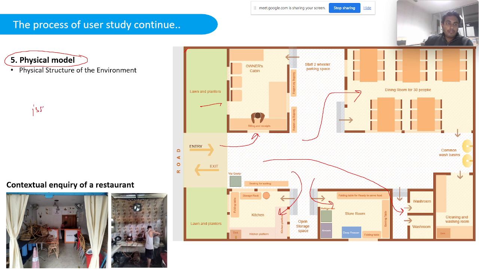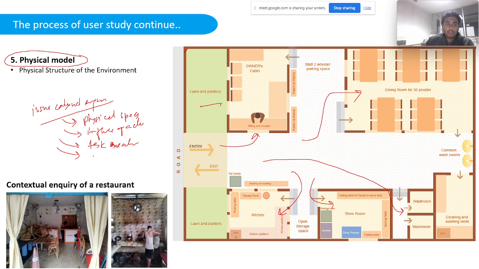Okay. So generally what happens in a contextual inquiry, you may come across different issues. Issues in a contextual inquiry can be related to physical space, related to influence of activities, related to task execution, related to communication, or issues related to artifacts.